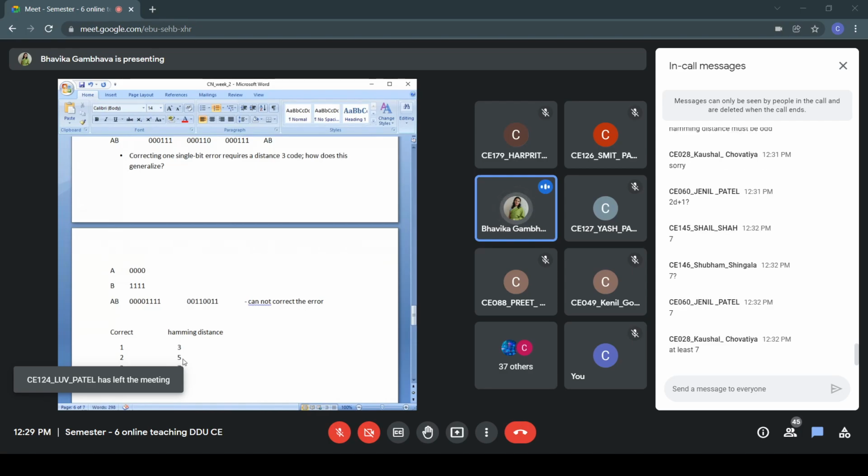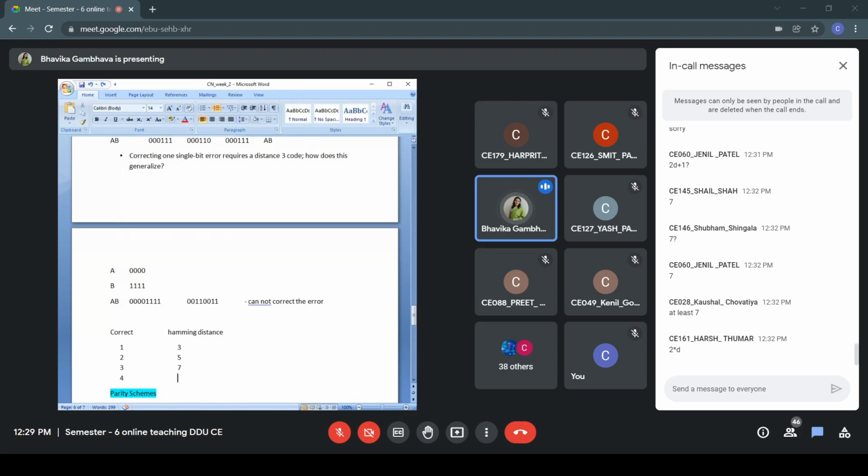Yes, that is 7. Because if it is 6, then again, here 3 bits change to 1 and here 3 bits change to 0, you'll be confused. So 7 would be required. So 7, true. Yes, at least 7.